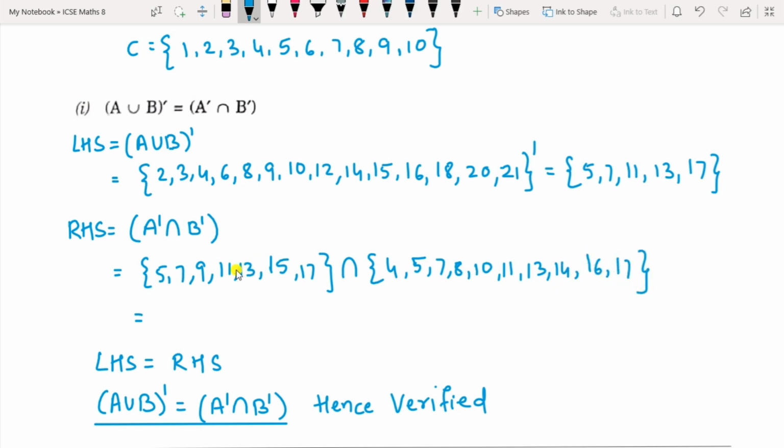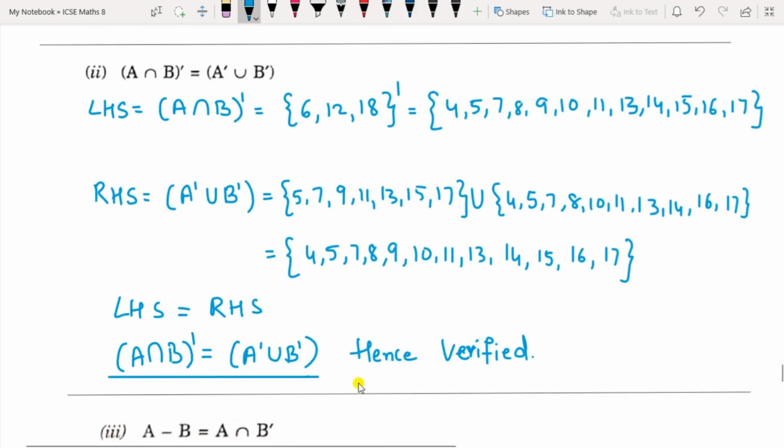This is your B complement. So their intersection will be, clearly you can see from the numbers, 5, 7, 11, 13 and 17 are the common elements in both these sets, that is the intersection. So LHS is equal to RHS and therefore it is verified.